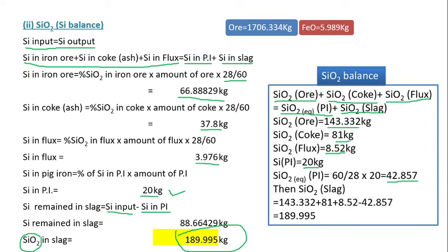That means these three are input, and this is the pig iron, so minus the pig iron. So it will be giving rise to the same value, that is 189.995. When we are talking about the metallic silicon, then it can be written as silicon balance, or when SiO2 is a compound, then it can be called silica balance or SiO2 balance.